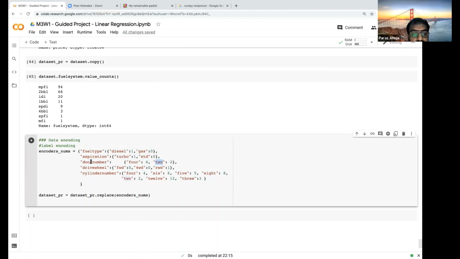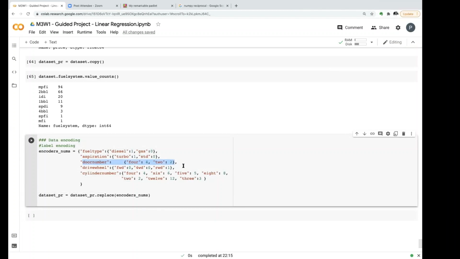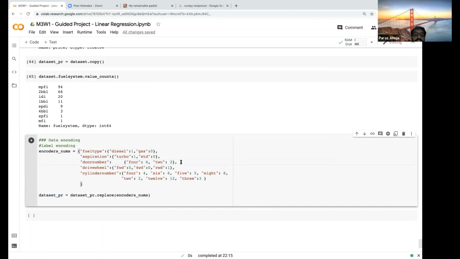And why am I not converting 4 as 0 and 2 as 1? Any guesses? Because it's obvious, 4 should be 4 and 2 should be 2. It looks like two categories, but I'm treating this particular column as a numerical column, because there is a relation.